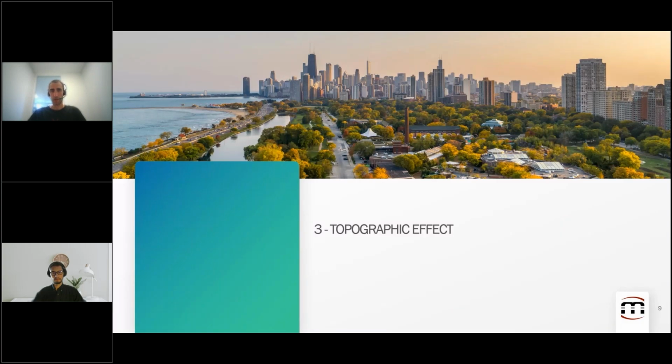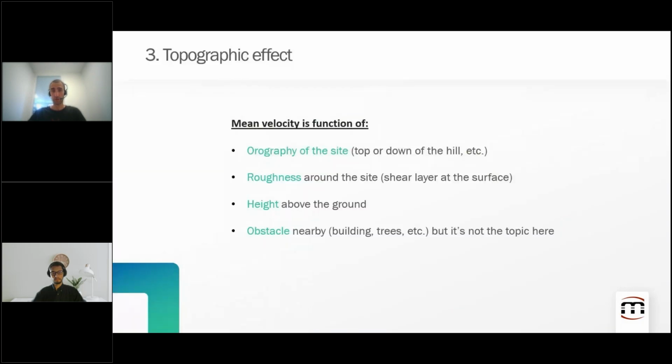When we are talking about topographic effects, it is not in the common sense, it is in the meteorological sense. Common sense means the orography, so the hills and mountains, and here topography actually represents more than that.